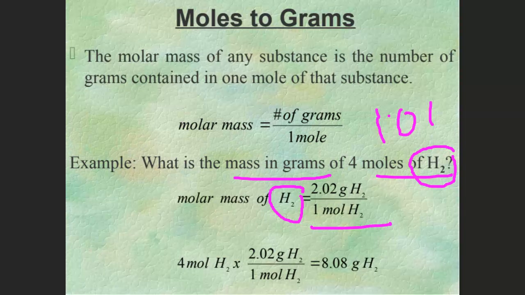Actually 1.007, so this is very negligible. Even if you want, you can ignore the digits after the point in the case of hydrogen. So that's how I calculate: I have 2 hydrogen atoms in 1 molecule of hydrogen, so that's why I got 2.02 gram per 1 mole of hydrogen molecule.